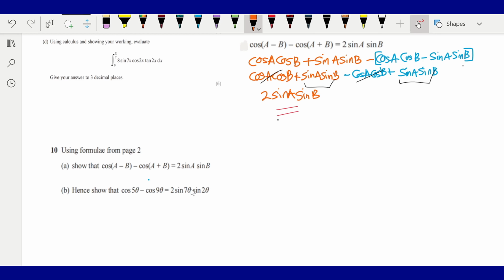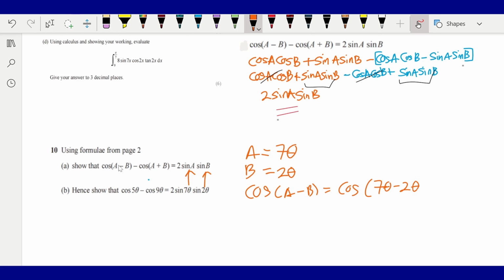How to do this: sin A is sin 7 theta, so A equals 7 theta, and then B is 2 theta. Now cos(A minus B) must be cos of 7 theta minus 2 theta, which equals cos 5 theta.